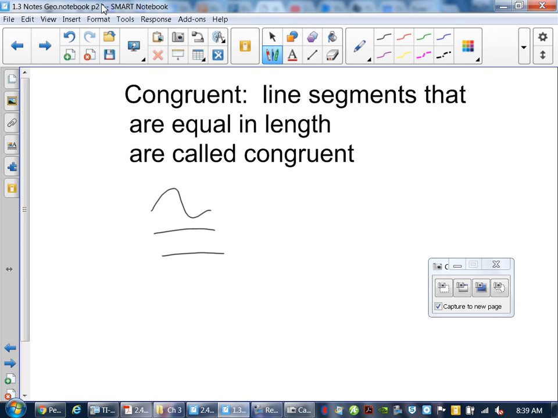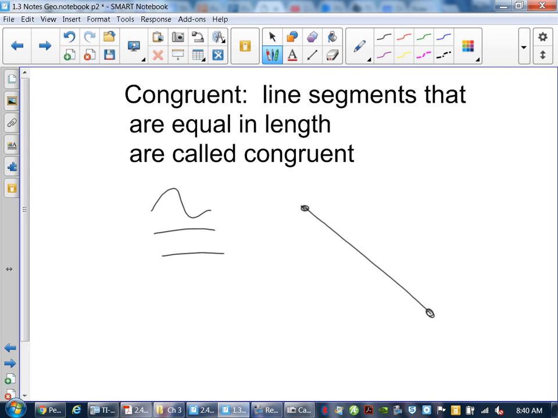Does that make sense? The example that we had yesterday where we had the 4 points, and it said W. I don't remember what the numbers were.